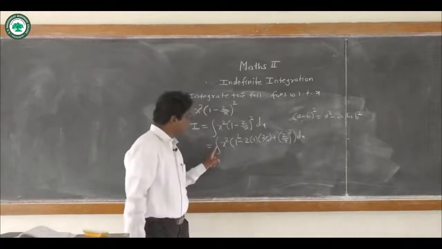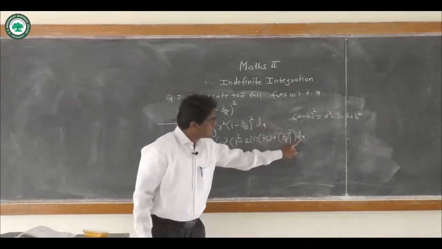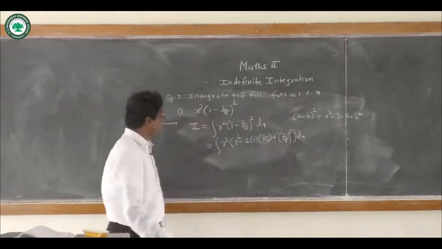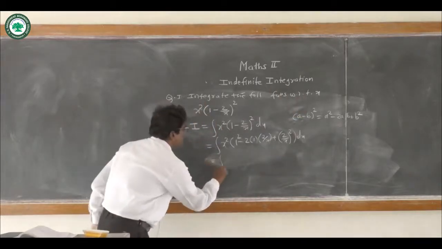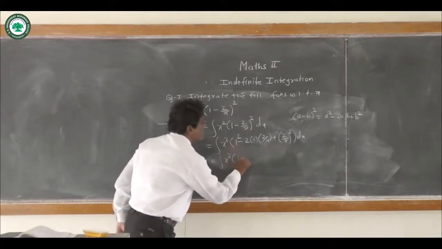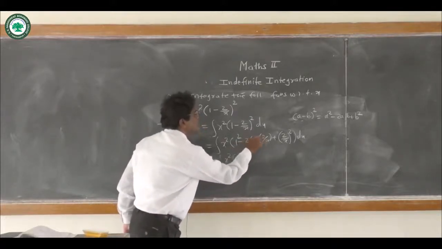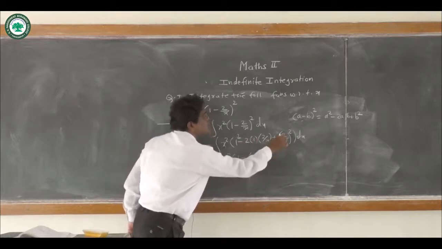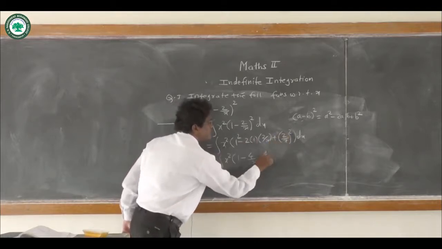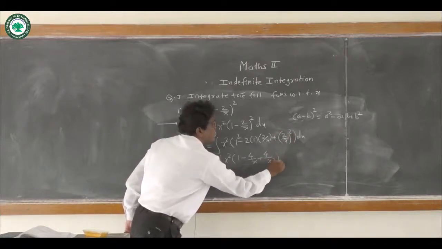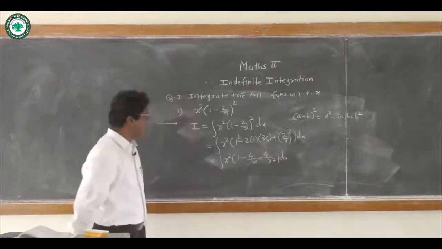When we take the integration sign, always write dx because it is integration with respect to x. So it is equal to x square in bracket 1 square is 1, minus 2 into 1 into 2, so 4 upon x, plus 2 upon x bracket square, 2 square is 4 upon x square, and dx.